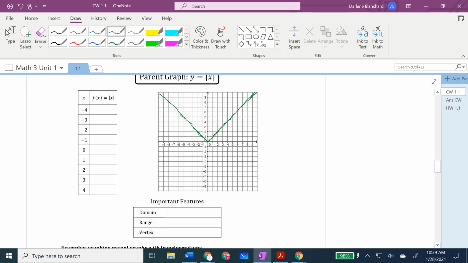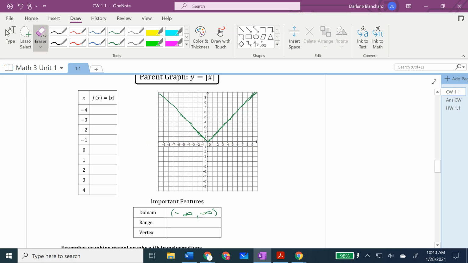The domain is just asking horizontally, does this graph cover everything horizontally? Does it exist horizontally everywhere? Yes. So we use interval notation and say -infinity to infinity with round brackets. The round brackets means that there isn't an end to that interval.